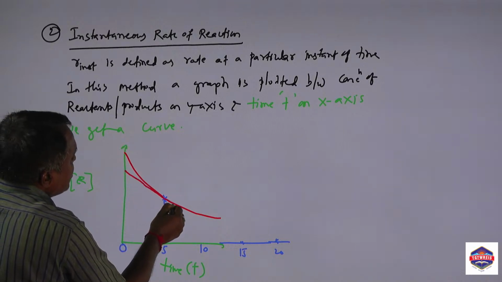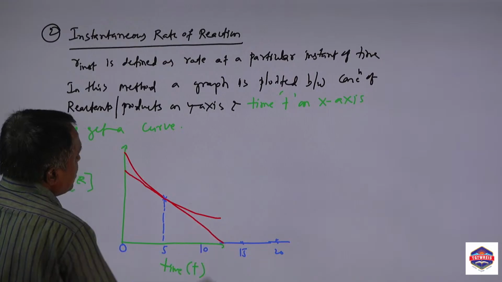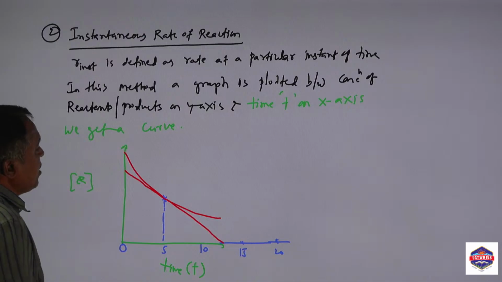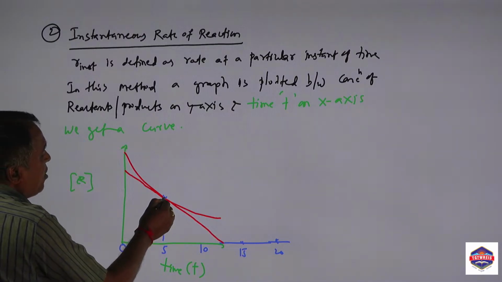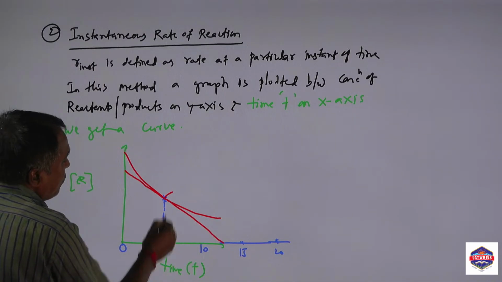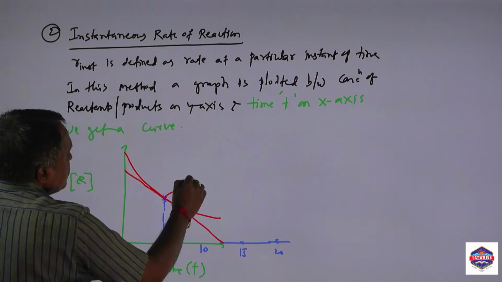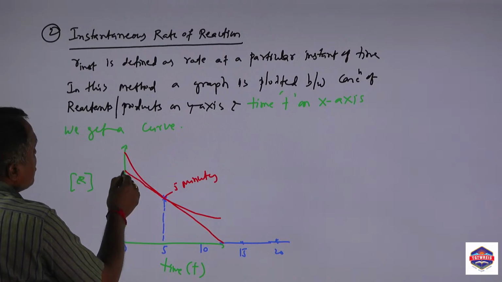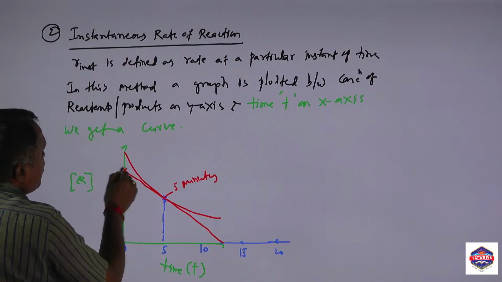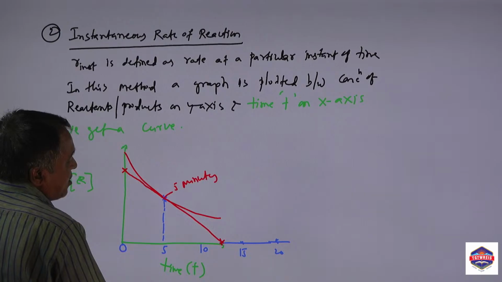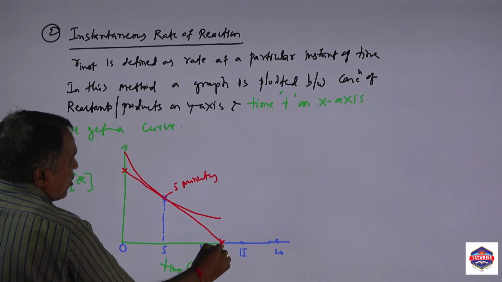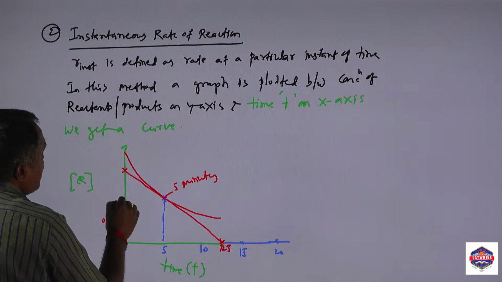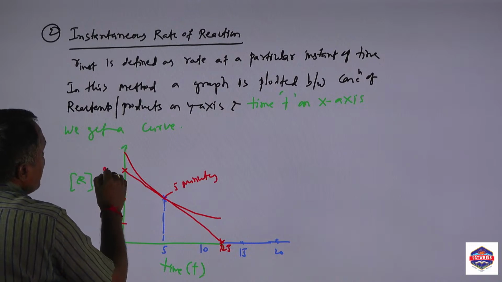This tangent line touches the curve at a particular time, 5 minutes, and also touches the y-axis and the x-axis. This is 12.5. On the y-axis this is 0.1, this is 0.2, and this is 0.3.